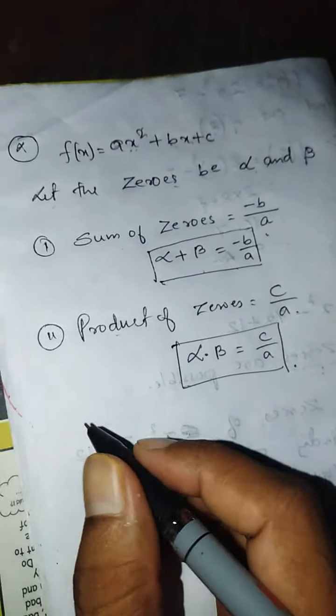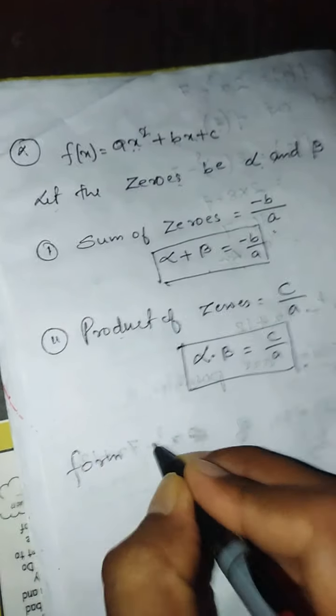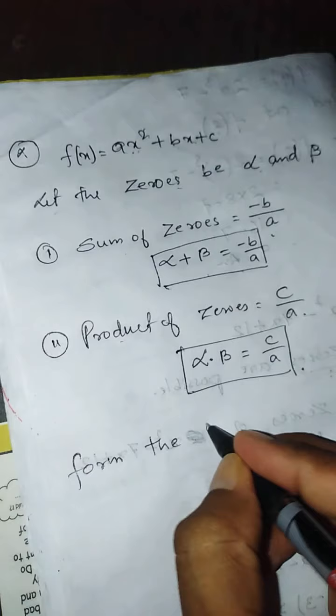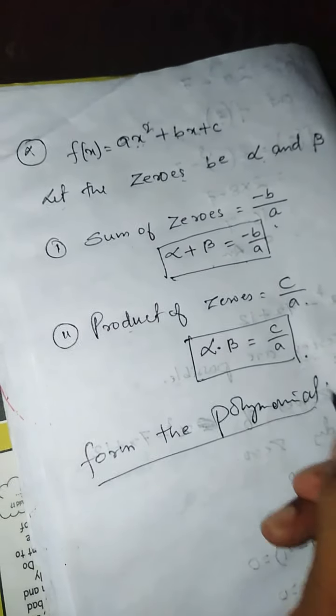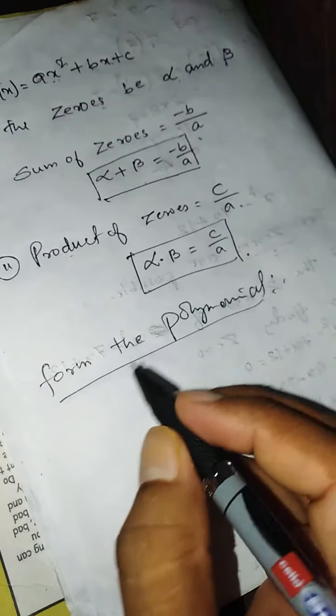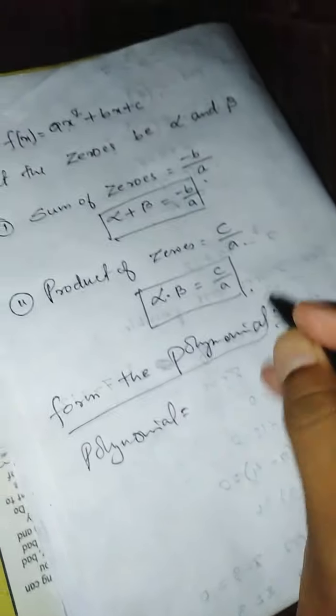One more thing is there, that is how to form the polynomial. If the question is asked, form a polynomial, so the polynomial will be equal to k, where k is any constant.